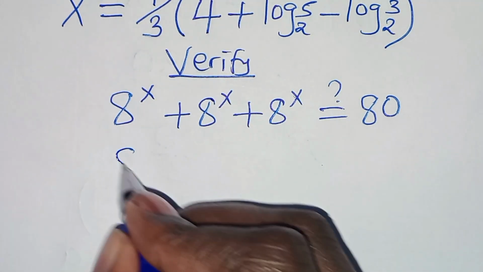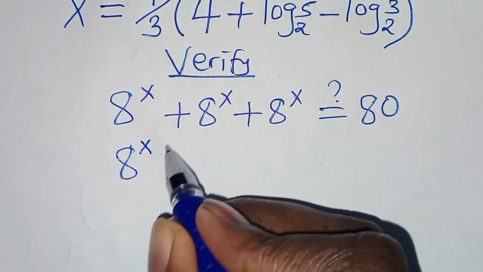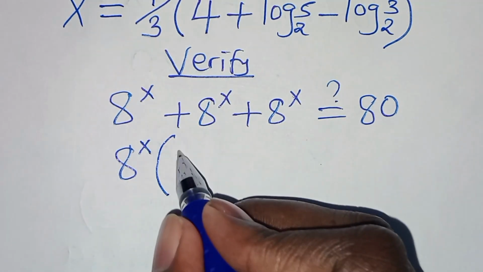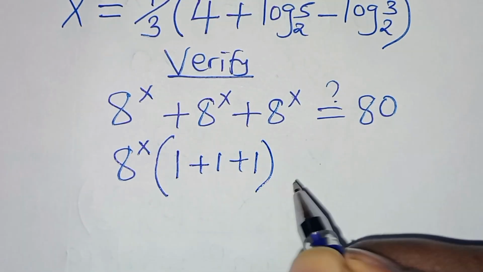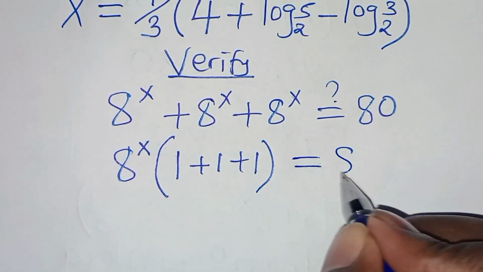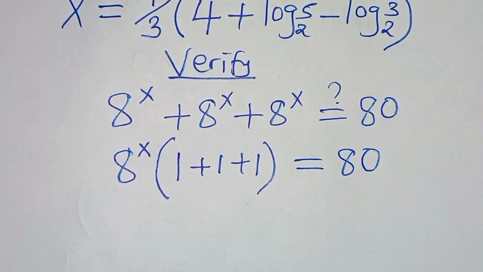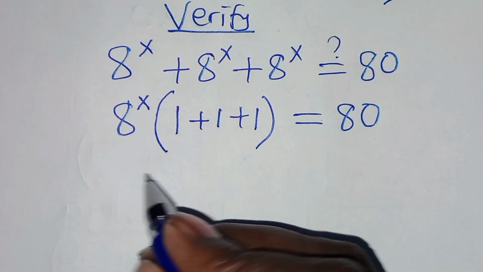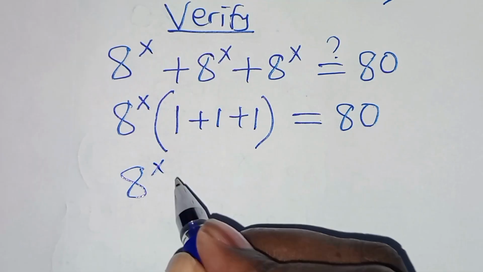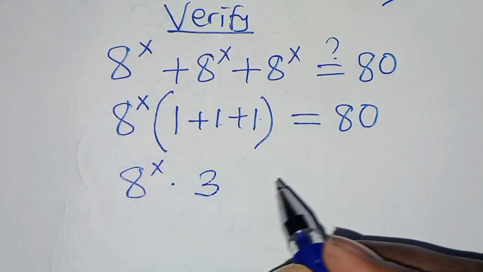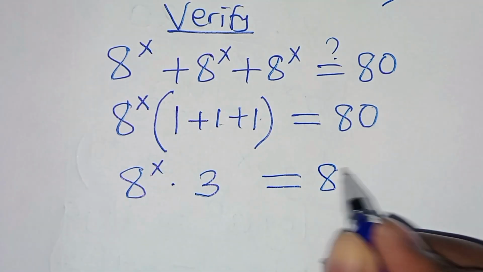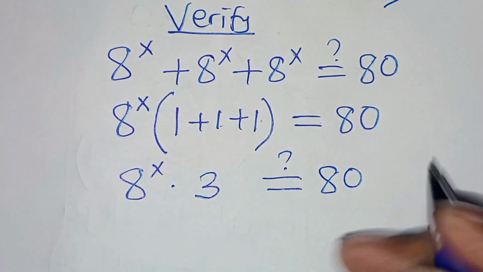We can factor out 8 to the power x, so that into the parentheses we'll have 1 plus 1 plus 1. This is equal to 80. Now this implies that we have 8 to the power x multiplied by 1 plus 1 plus 1, this is 3. This is supposed to give us a value of 80.